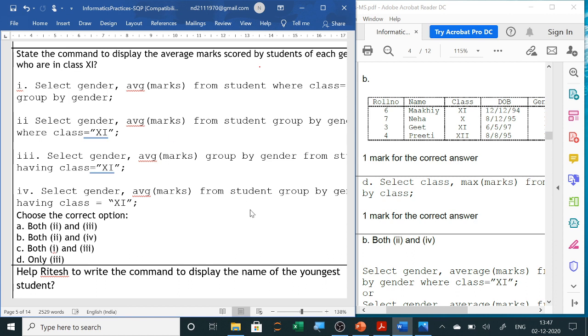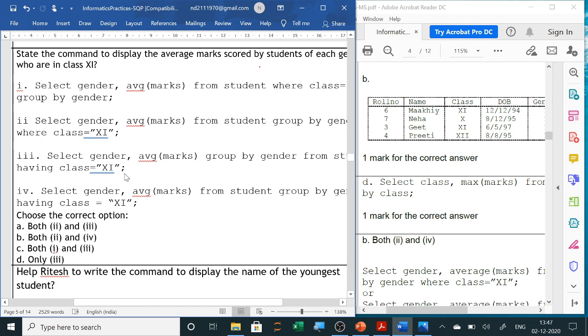Now out of these two, from student should be there, so the fourth one is the correct option. As well as, suppose you want to check the class previously, you can see here that the first option also is correct.